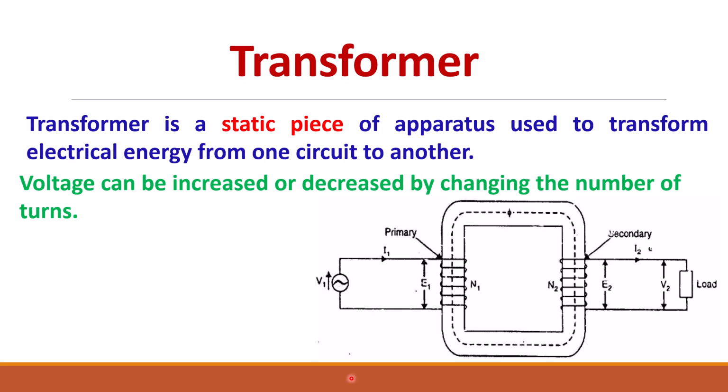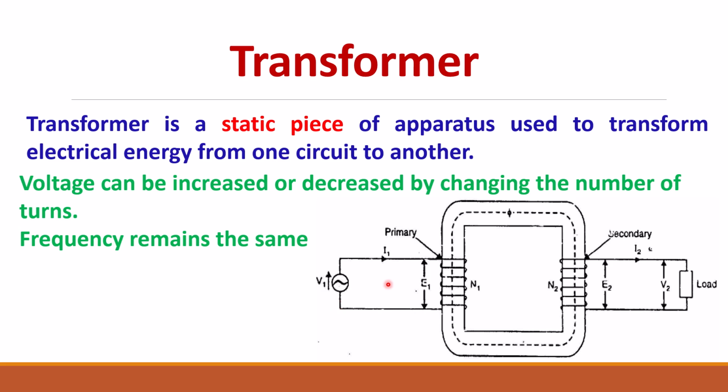With the help of a transformer, we can increase or decrease the voltage by changing the number of turns in the coil. N1 and N2 represent the number of turns in the coils. By changing the number of turns, we can change the voltage ratio, that is, what the input voltage and the output voltage should be.